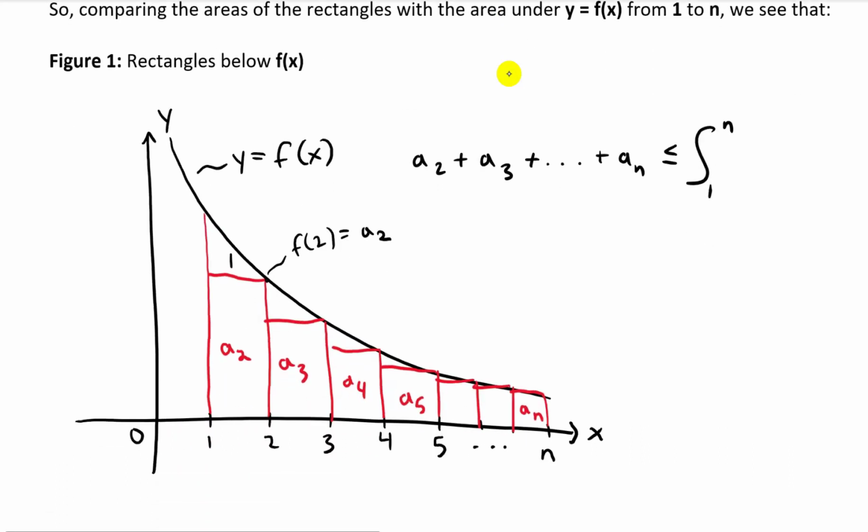Notice we're starting from A2 because we're below the curve, so we move to the interval on the right-hand side and look to the left. So the sum of these rectangles is less than the integral from 1 to n of f(x) dx.